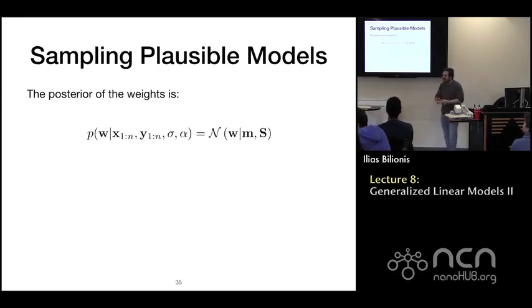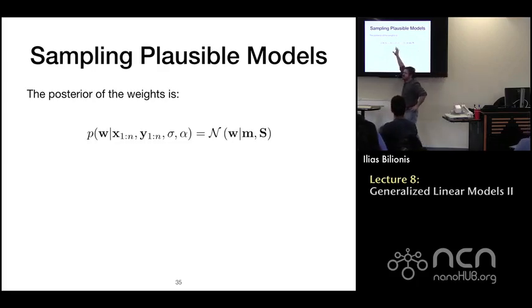So let's do something else that we could not really do with the maximum likelihood. What I'm going to do now is explicitly use the posterior of the weights to sample plausible models. This is something that you probably haven't seen before.